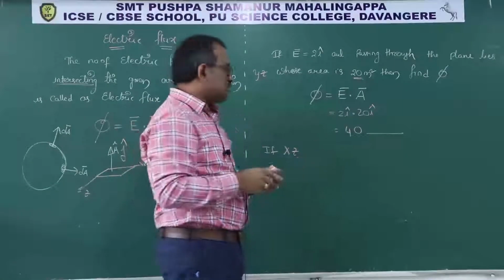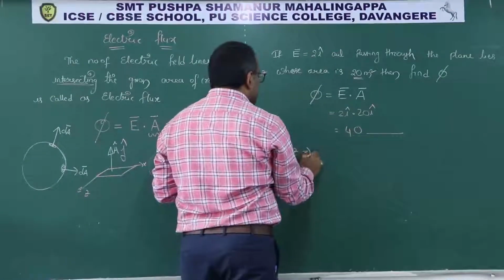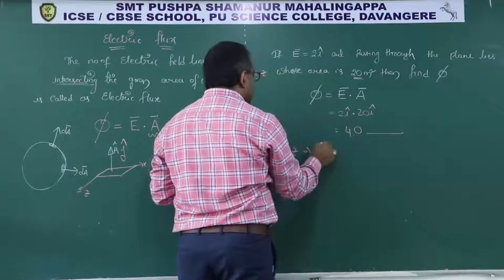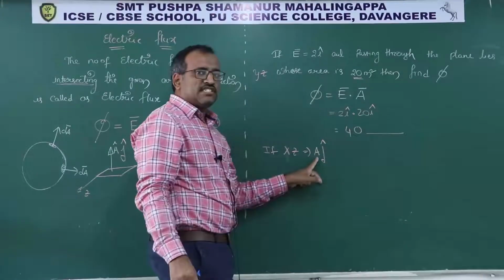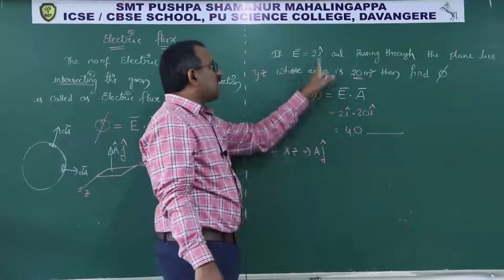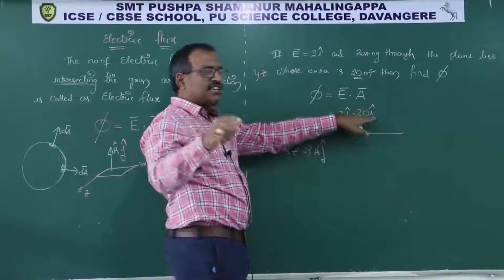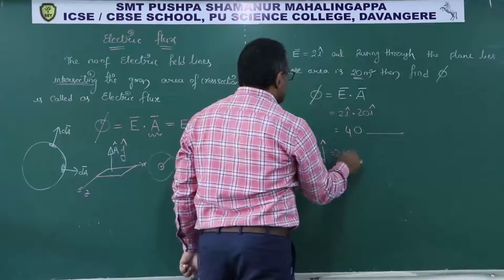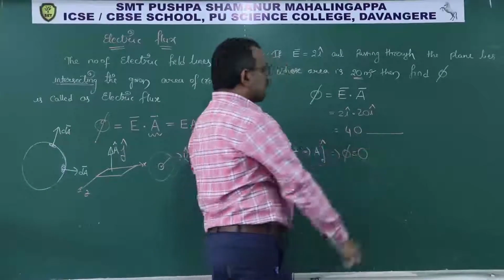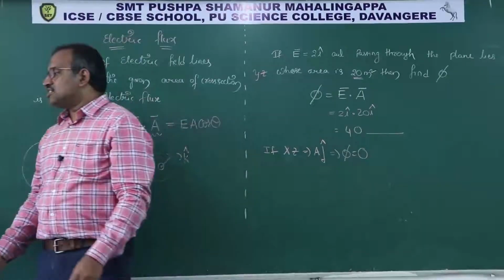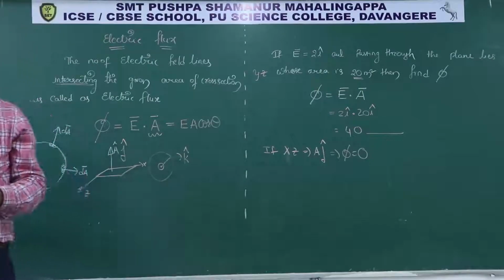No intersection. The flux is zero because the area vector is along j cap. When the area vector is along j cap and the field is along i cap, the dot product i dot j is at 90 degrees, so the flux is 0. So this is how you can analyze.